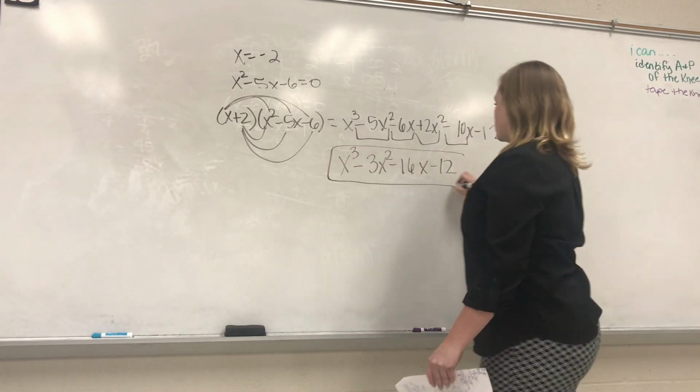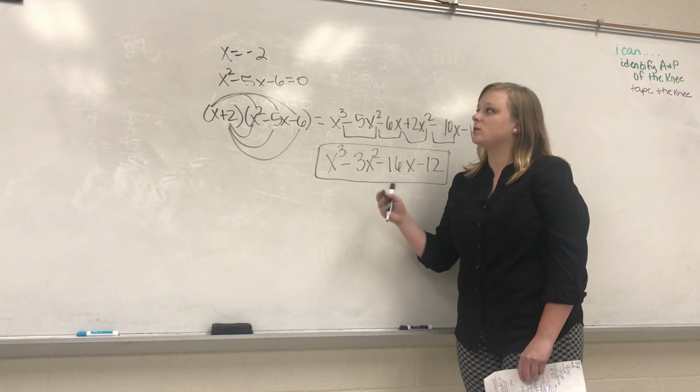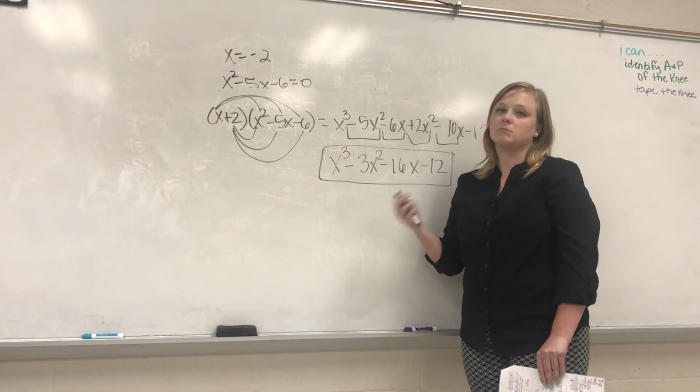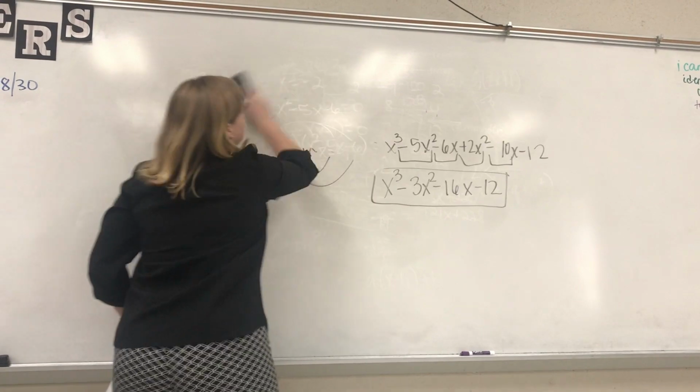This would be the function you would look for. Me personally, I think this is faster than doing that and then graphing and then looking, but you do you. 29.